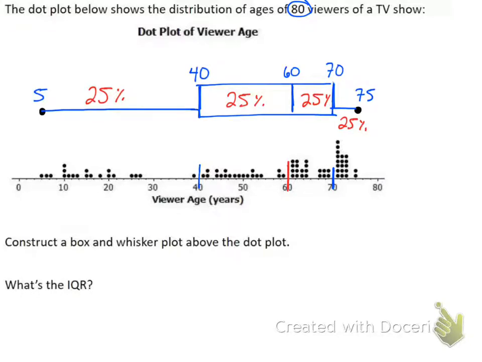And so one thing we have to realize is that if I were to say which one has more people in it, the whisker from people that are from 5 to 40 or the people that are from 70 to 75, they're actually the same. There's 25% in each one of those intervals.